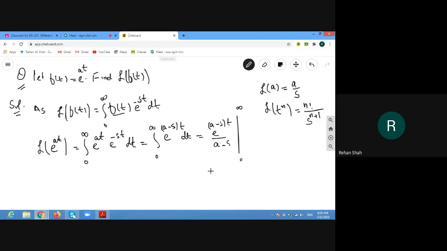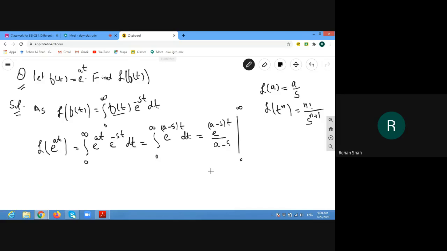When a minus s, the coefficient of t which is in the power of e, is less than 0, if you put infinity instead of t, this will become e power minus infinity, and e power minus infinity will become 0.